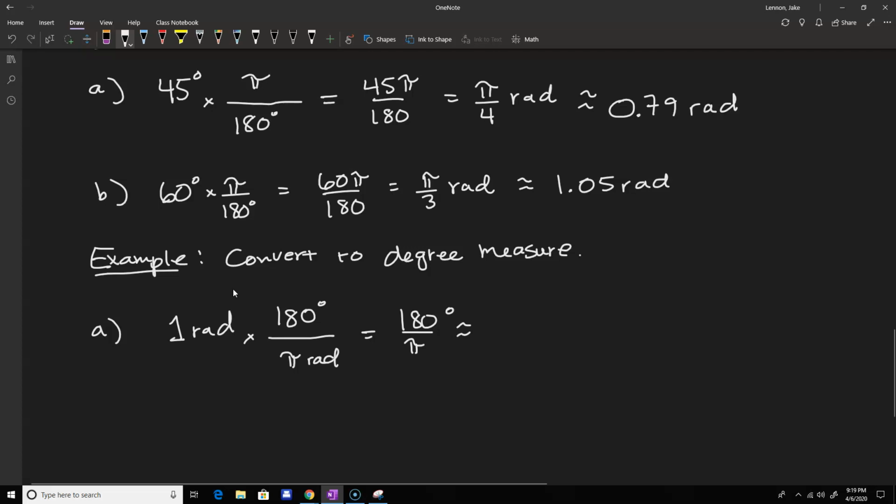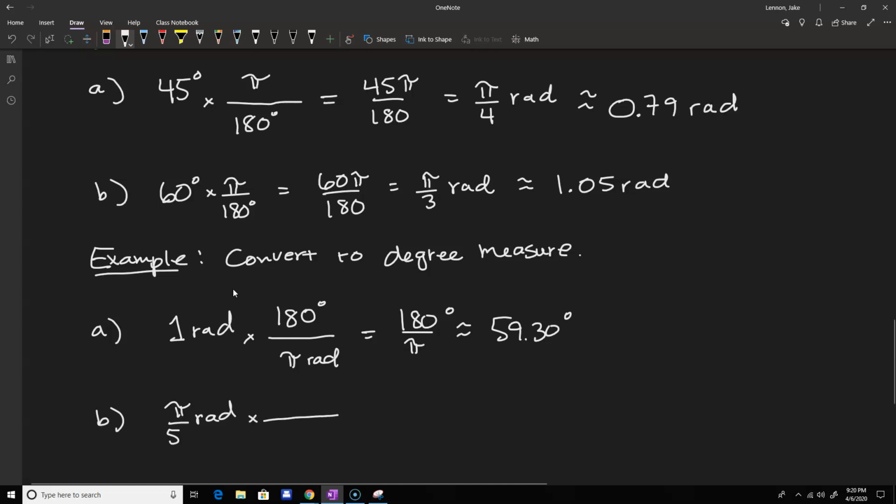So 180 divided by pi, we can estimate that's going to be a little bit less than 60. But what does that come out to? About 59.30 degrees. Let's do one more. What if we said, how much would pi over 5 radians be? If they're a multiple of pi, normally they're going to come out to a nice even unit in terms of degree measurement.